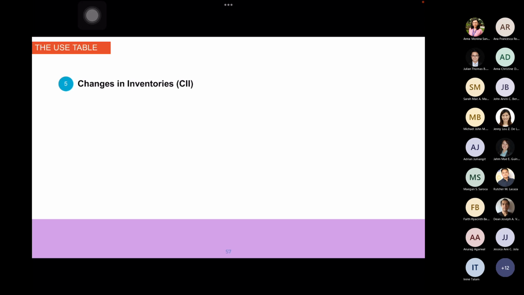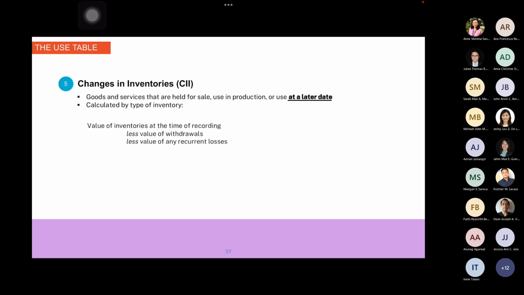Okay. So now we have changes in inventories, which is defined as the goods and services that are held for sale, used in production, or used at a later date. This is calculated by type of inventory, and it is calculated as the value of inventories at the time of recording less the value of withdrawals and recurrent losses.